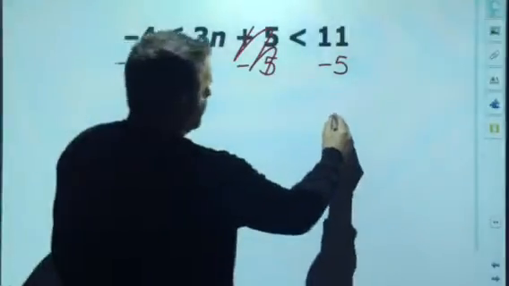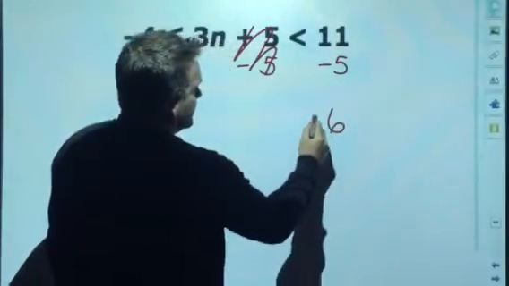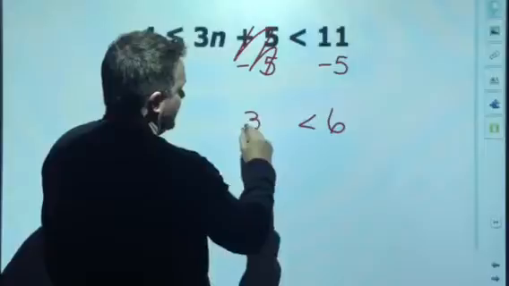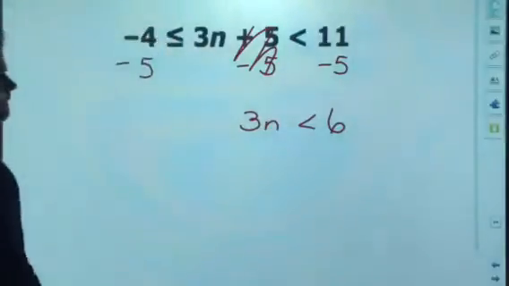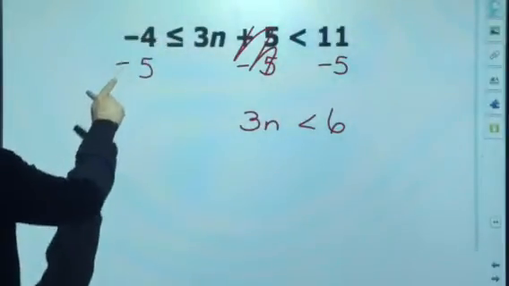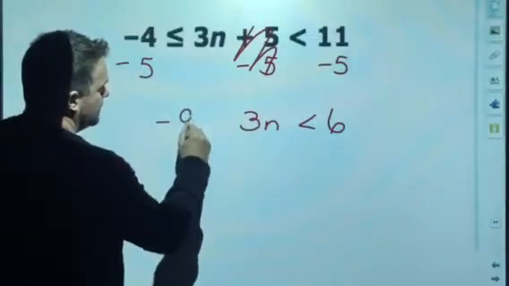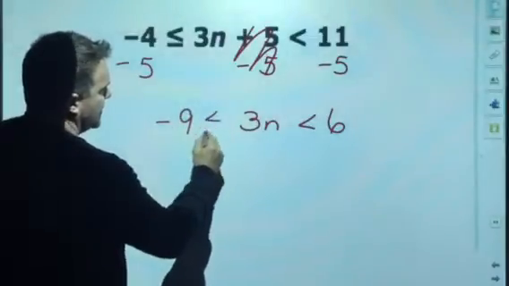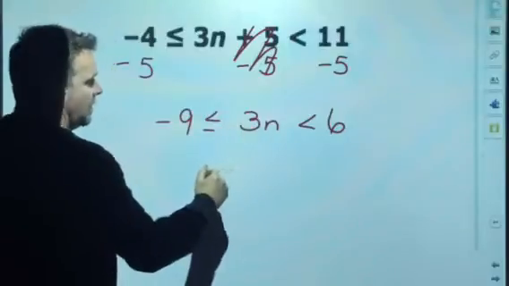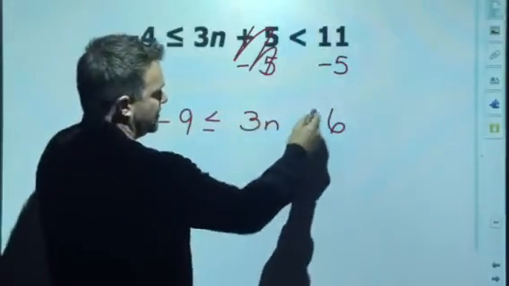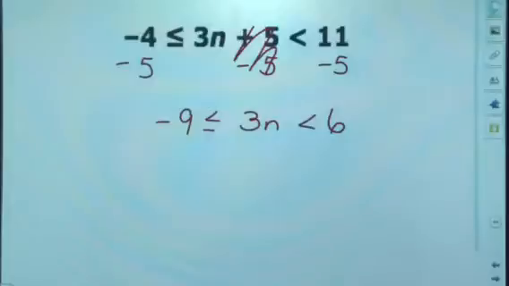Over here we're left with 6. I'm going to write everything else in that I didn't work with yet. -4, and we have 5 more negatives, so it gives us -9. So -9 is less than or equal to 3n, but 3n is also less than 6.